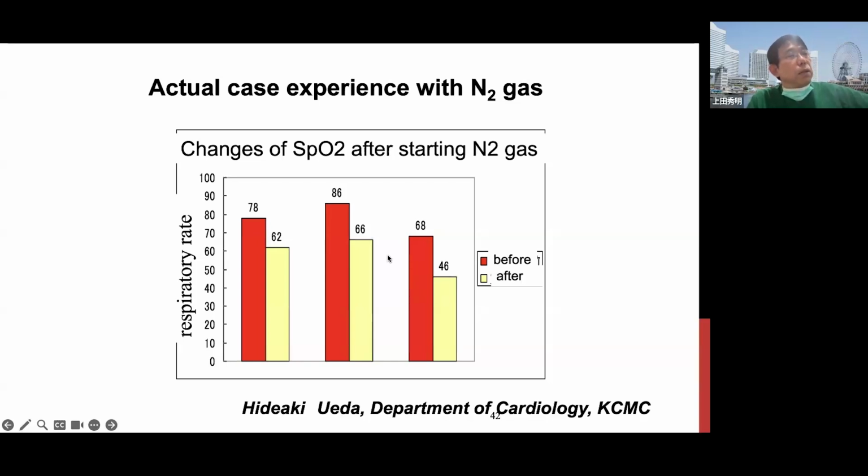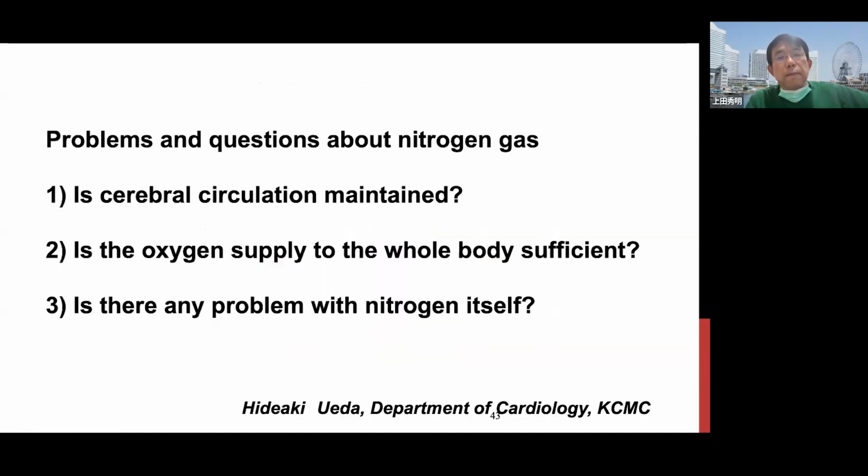The baby's color will turn, if the patient was white, it will return to pink. So you can very easily understand how nitrogen gas does good things for the babies.